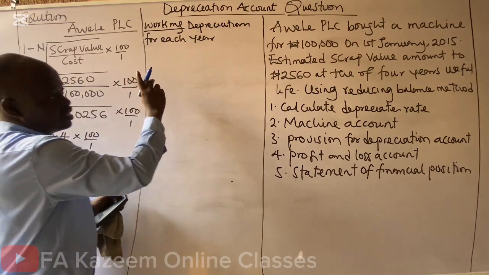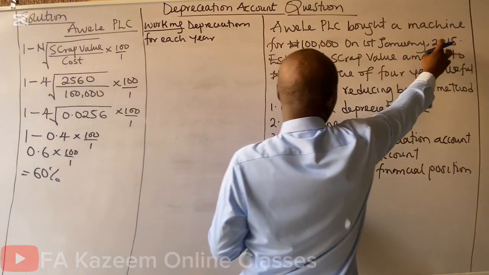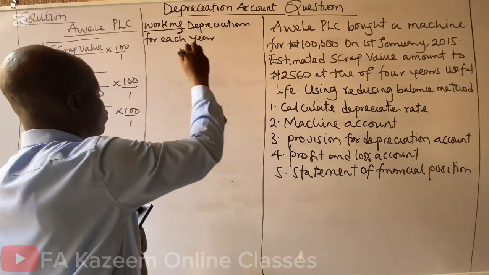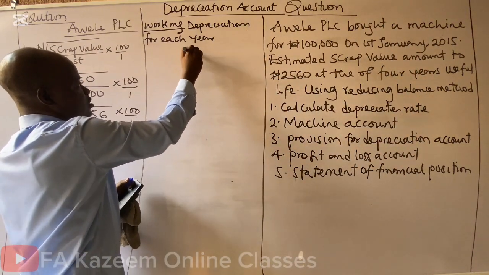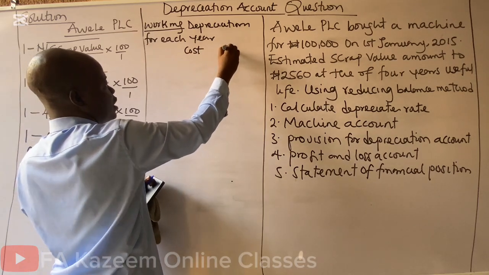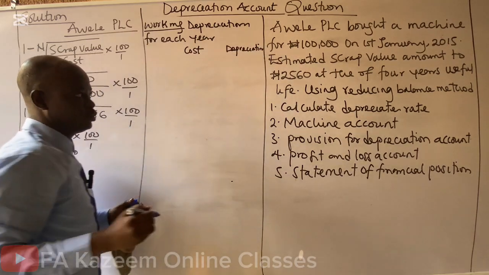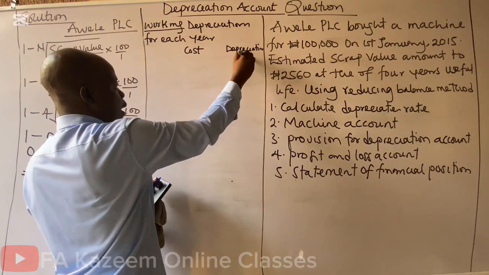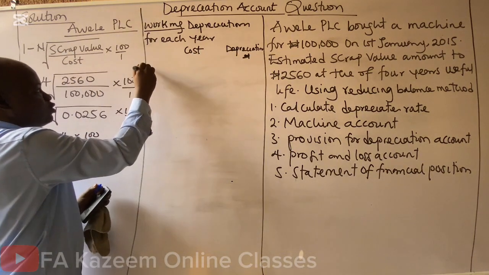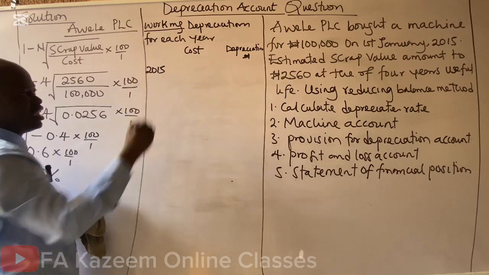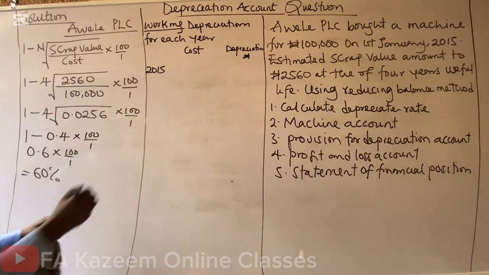The year the asset was acquired was 2015. We will now say cost, and here we'll come here and put depreciation. Now, this is what we are looking for. In 2015, the first year, how many percent? 60%.